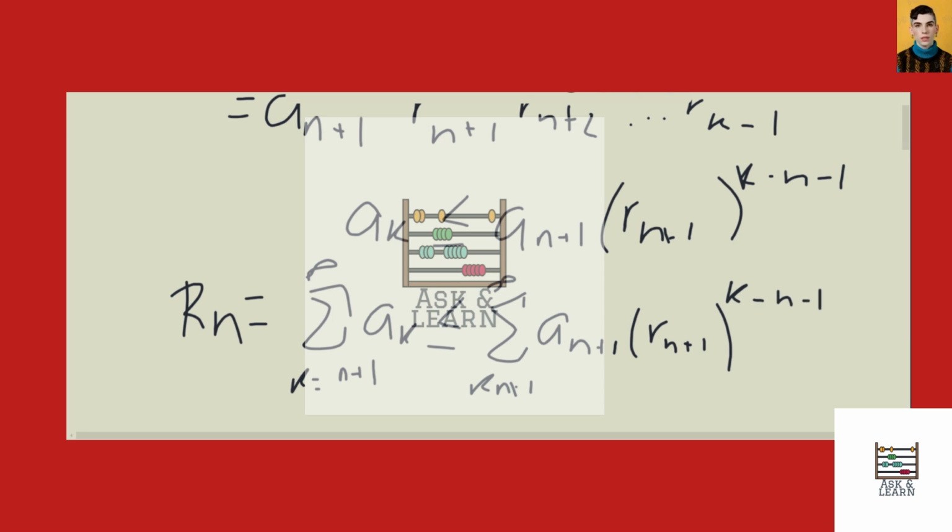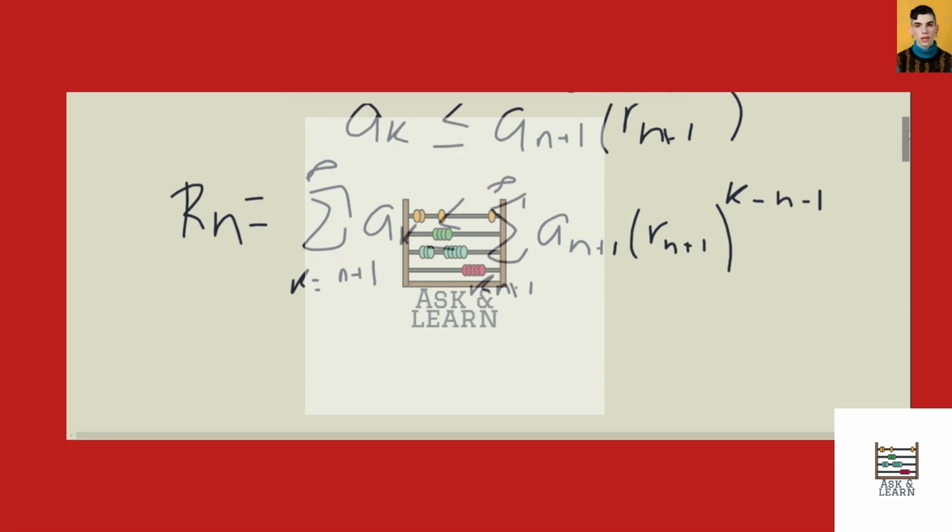And then if you actually plug in the values, what you'll see is that this term is the same thing as if we go from some other arbitrary index, call it j, equals 0 to infinity of a sub n plus 1 times r sub n plus 1 to the j.